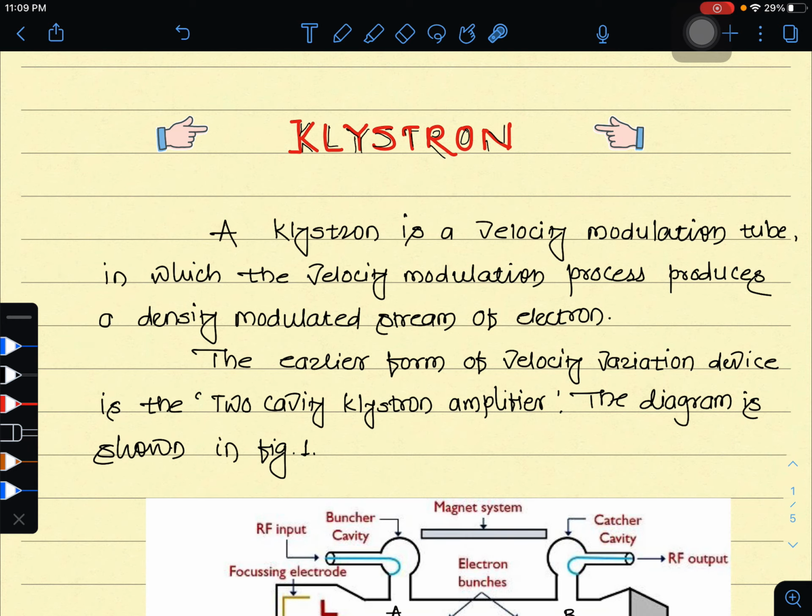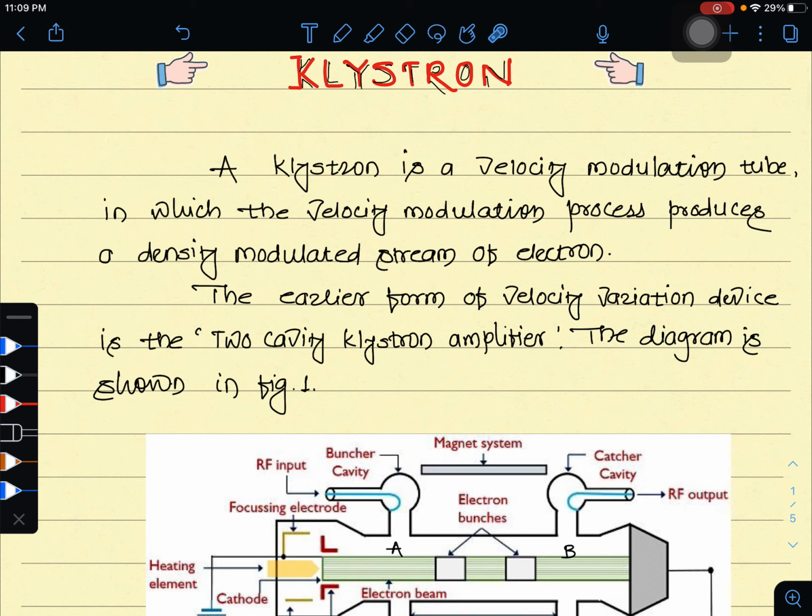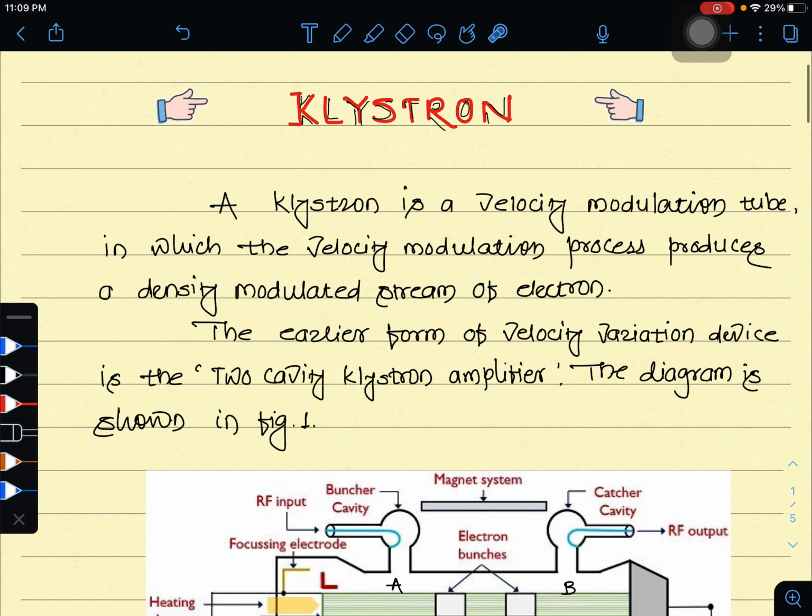In microwave active devices we will learn about the klystron and reflex klystron, magnetron and some transferred electron devices like the Gunn diode, Gunn effect, PIN diodes, and different kinds of modes of operation. So today we will see the first article related to these microwave active devices. Its name is the klystron.